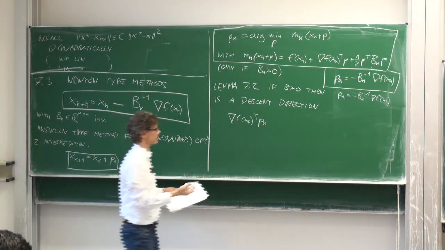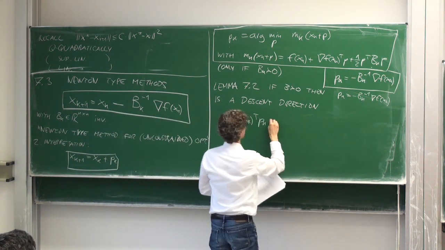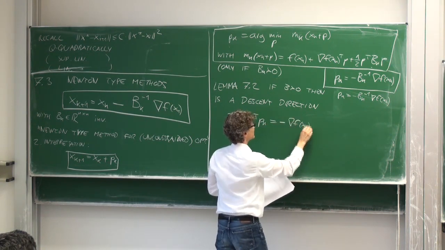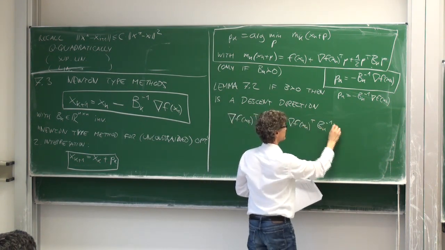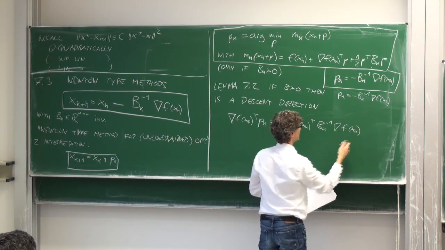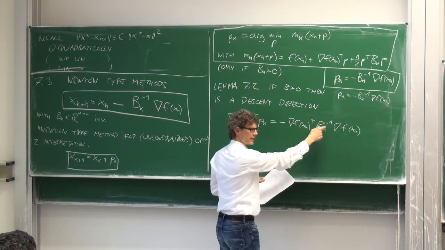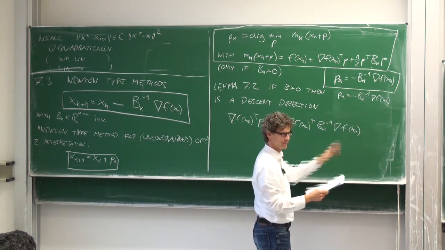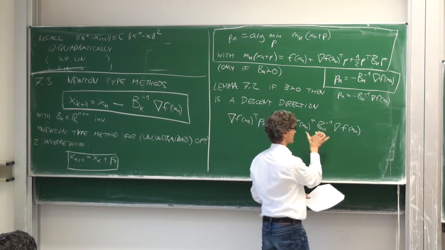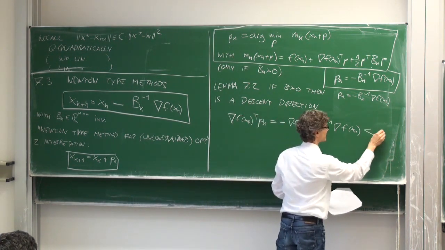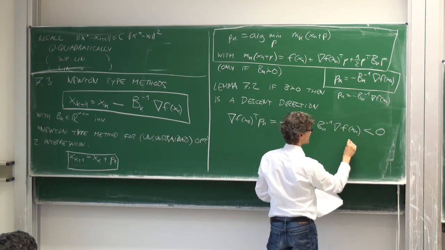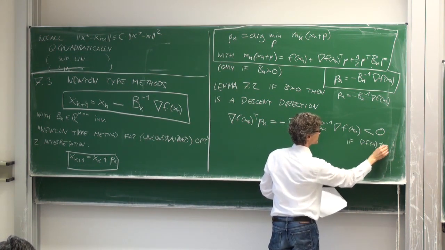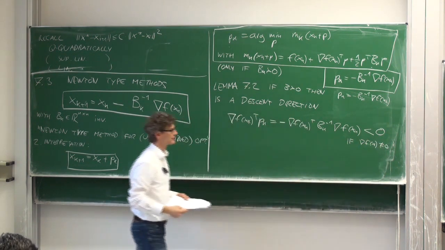Let's look at what it is. We insert it and we get minus nabla f of x_k transpose B_k to the minus 1 nabla f of x_k. You immediately see, because B_k is a positive definite matrix, its inverse is also positive definite. It's multiplied from left and right with the same vector, and there's a minus sign. So this is positive with a minus sign, it's negative. It's smaller than 0 if nabla f of x_k is not equal to 0, and otherwise it is 0. So it's a descent direction.